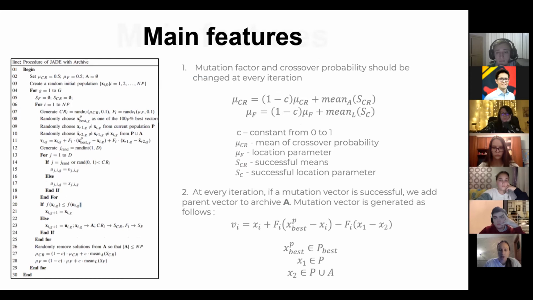Then we randomly choose 3 vectors: x p best from our p best vectors, x1 from the population in general, and x2 from our population and the archive. And then our mutation factor is generated as follows. You can see the formula where xi is our current vector and Fi our current mutation factor.